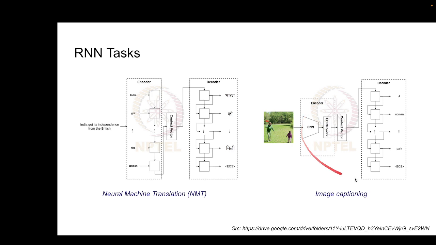Similarly, in image captioning, what is image captioning as a task? It's a very interesting thing. I don't remember if I talked about it before or not. Previously, all the tasks or architectures that we saw would only contain either all images, all texts, or all audio.